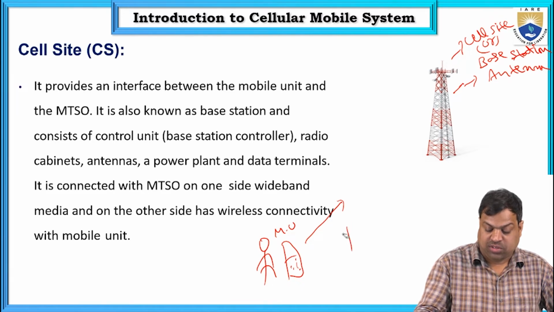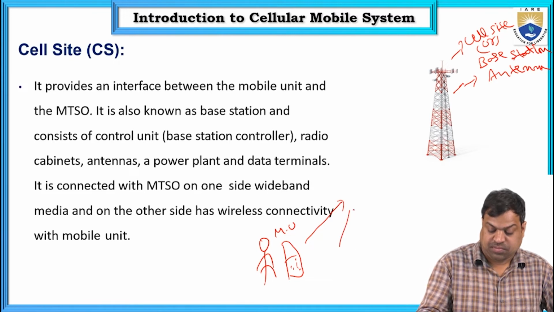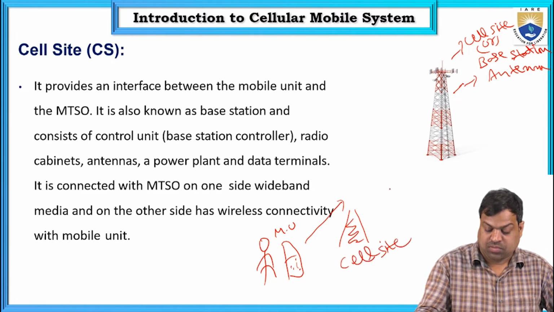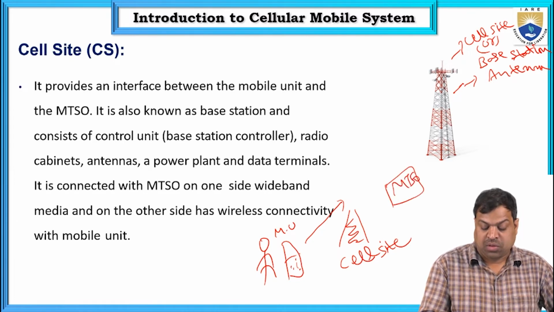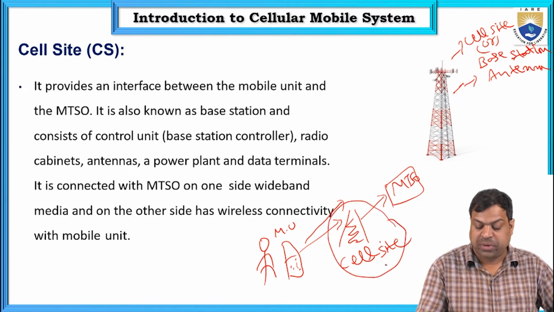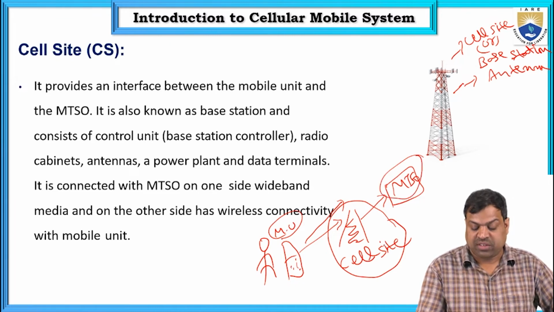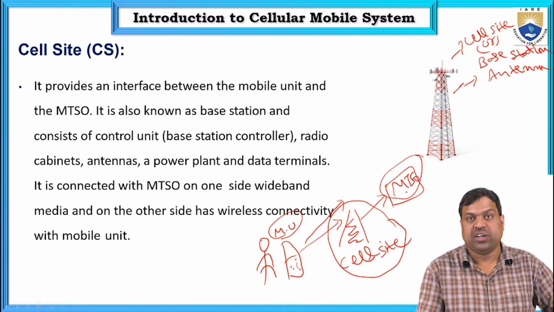The signal goes directly from the mobile unit to the cell site, and from the cell site to the MTSO. So it is a medium, the mediator between the mobile unit and the MTSO.